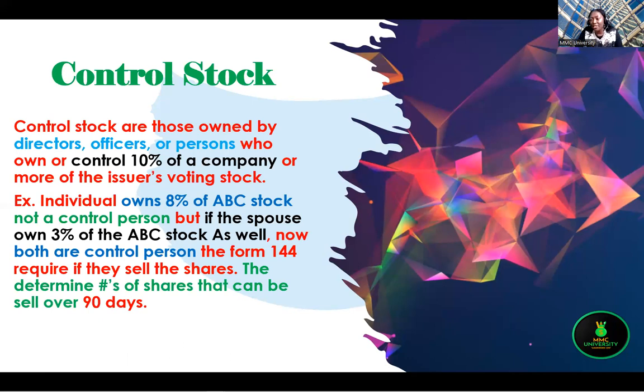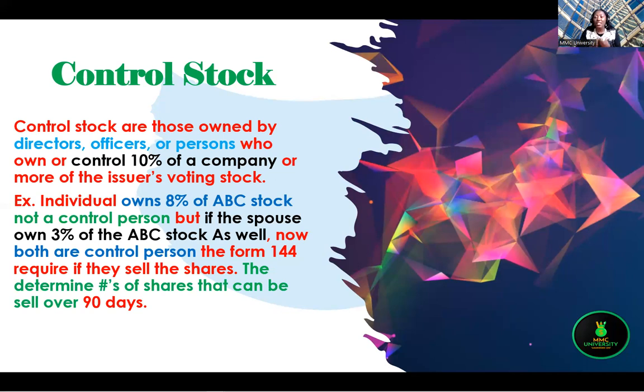That's not a control person. They only own 8%. They haven't reached that 10% criteria. But let's say the spouse of that person also owns 3% of the ABC stock. Now they're going to add those two together, so they have 11% ownership combined. That's over the 10% limit, and now Rule 144 applies to it.